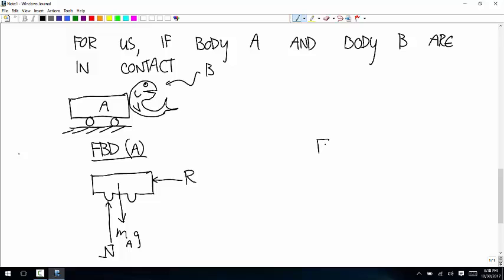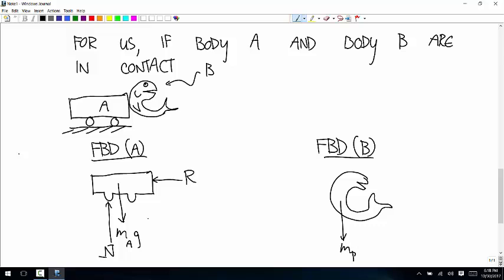And then the free body diagram of body B, the fish, would look like there'd be weight, so MB times G. And then it looks like this fish at this instant is sort of leaping off the ground, so there'd be no contact force with the ground. But then there would be a force in the opposite direction at this one as this one, the same magnitude. And so if you solve for R on one of those, you'd know R for the other one.